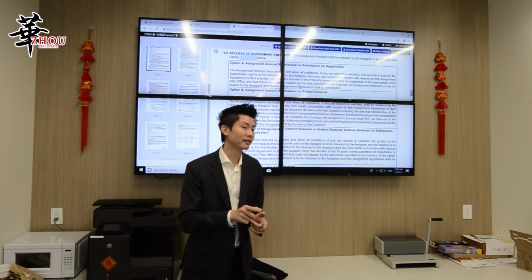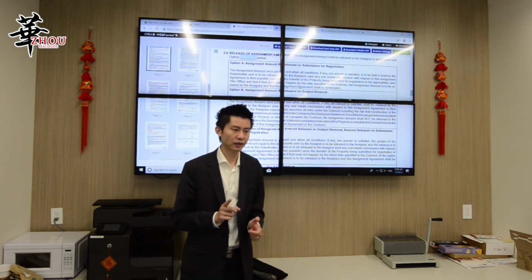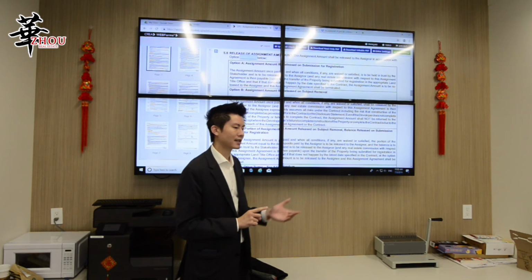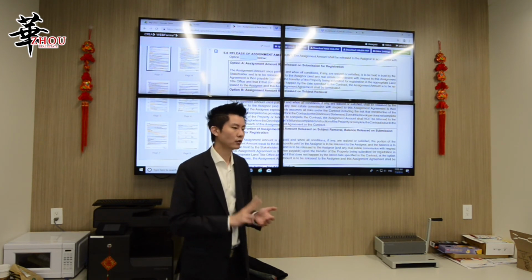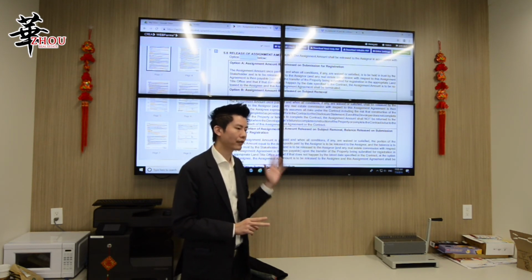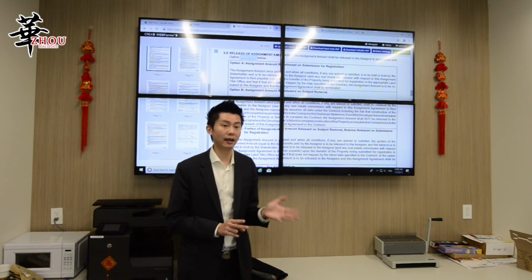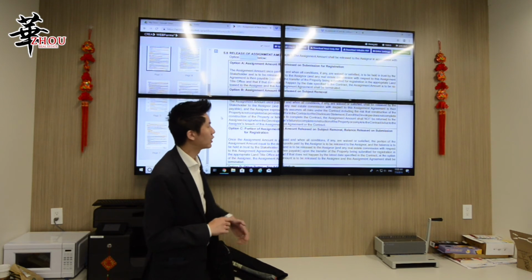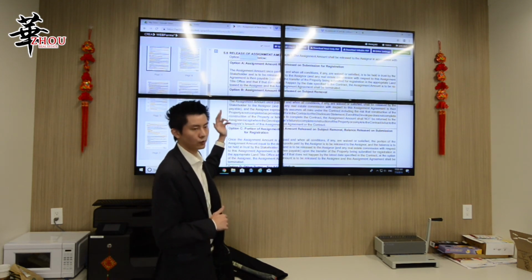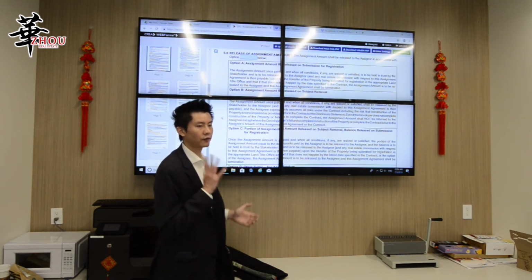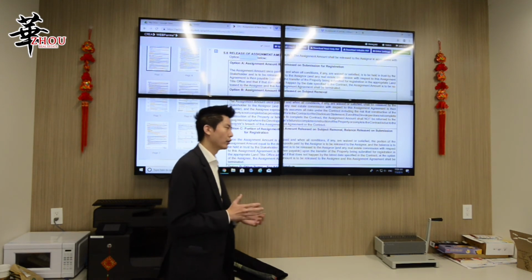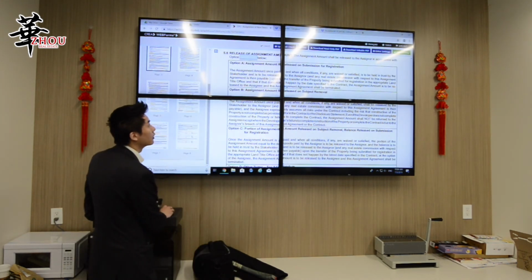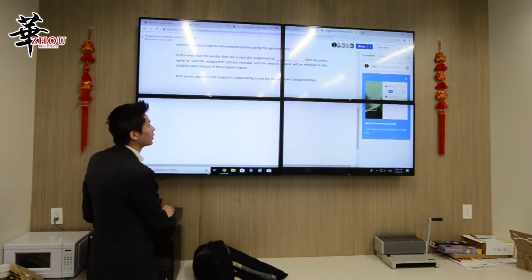So let's summarize. Number one, very important, GST on the assignment amount. And number two, make sure you fill in everything, all the detailed information for your clients, both assignor and assignee. And number three, make sure which option is right for your client. And number four is make sure you have everything clearly spelled out in your addendum.